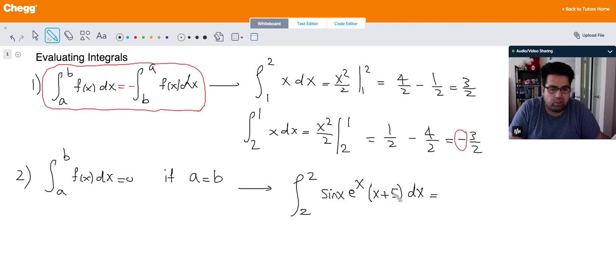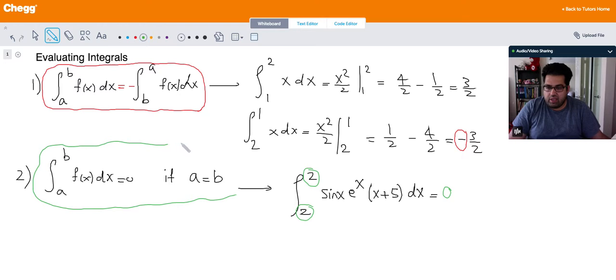They are giving you an integral which looks really hard to calculate, but it's just a trick. They are giving you the upper and lower limits equal to each other. When these two are equal, it means x is not changing at all. Since we are talking about the change in x, and it's not changing, the result of the integral is going to be 0. That's another very useful property to know.